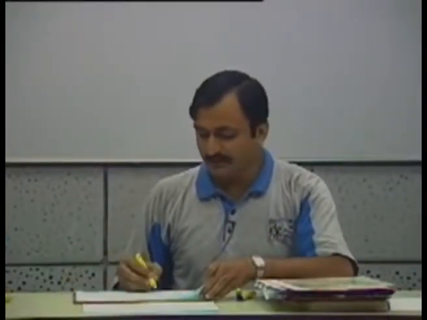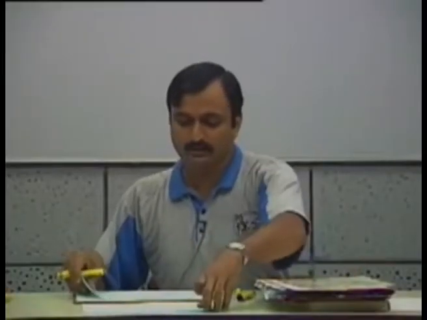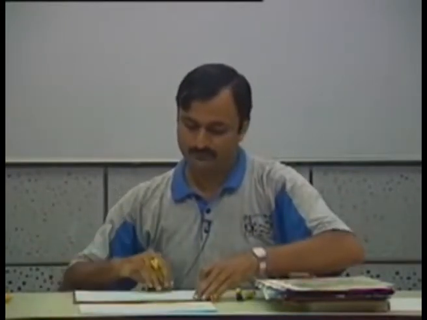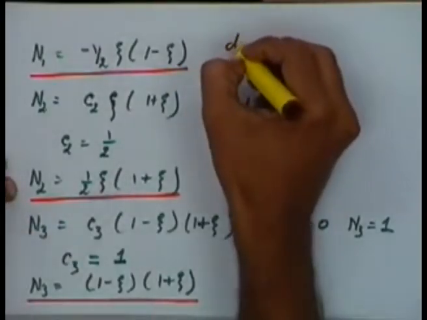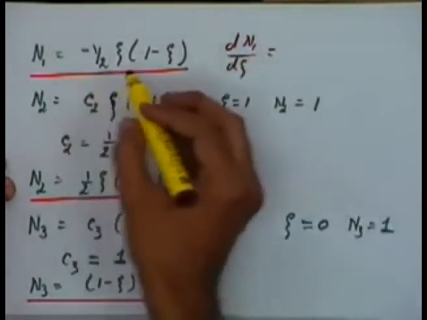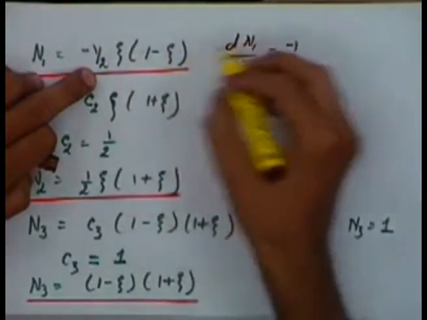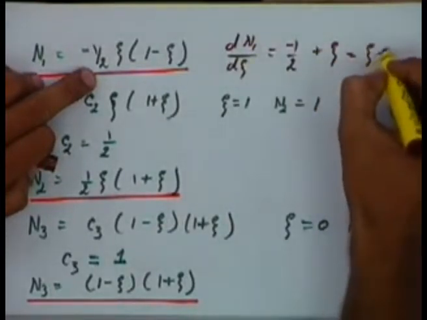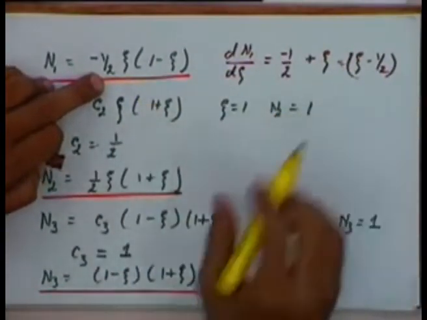So what we need is the derivative of N1, N2 and N3 with respect to zeta. That we can get from our definitions of N1, N2 and N3. So the derivative of N1 with respect to zeta will be minus half plus zeta, plus zeta, which is 2 zeta minus 1 by 2.